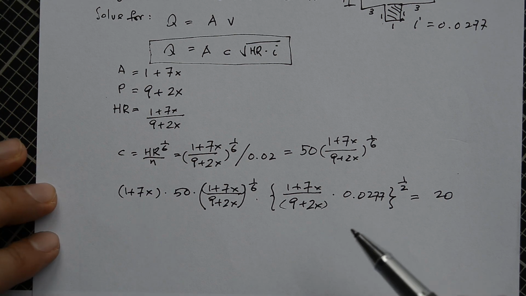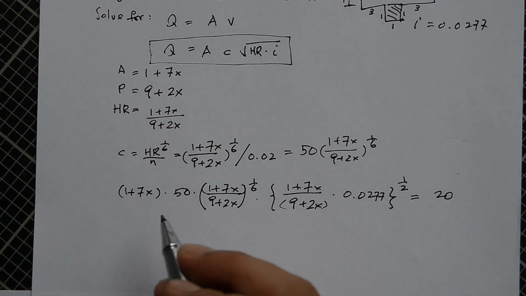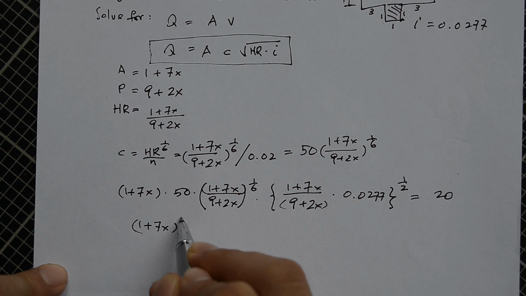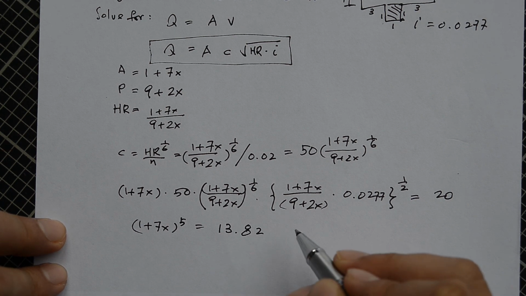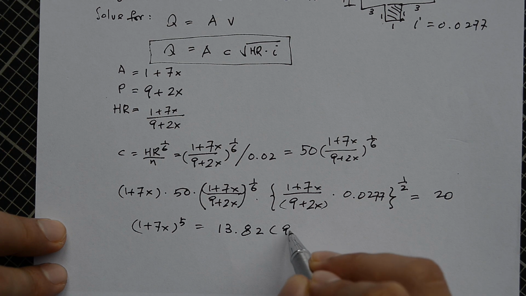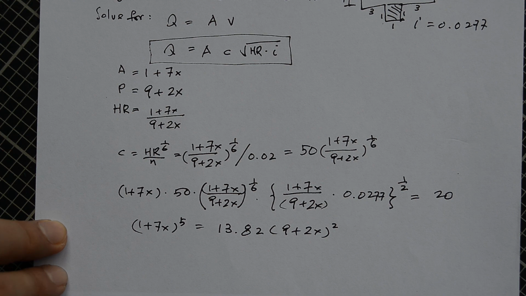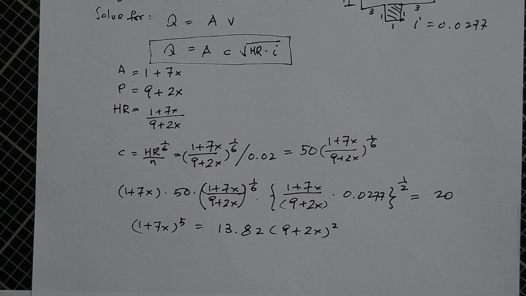Put this simplified, my calculation shows this part is 1 to the power of 5 equal to 13.82 multiplied by 9 plus 2x squared. Now this equation is highly nonlinear. Solving it analytically is a bit complicated, and may be too difficult for us and unnecessary. Therefore, we may apply some mathematical techniques or numerical methods to solve for x here. The numerical method I propose here is to use Newton's method.